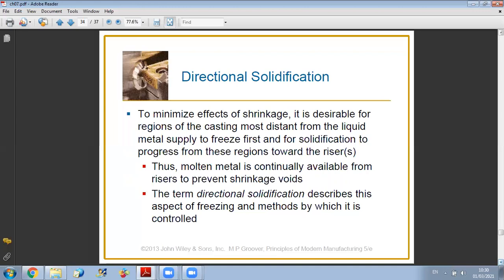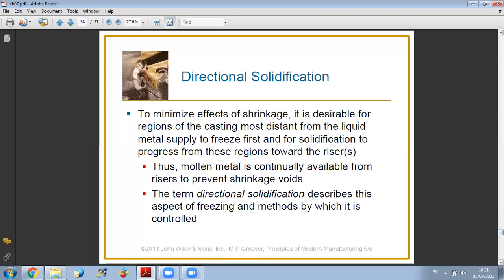To minimize effects of shrinkage, it is desirable for regions of the casting most distant from the liquid metal supply, which is the riser, to freeze first and for solidification to progress from these regions towards the risers. Thus, molten metal is continually available from risers to prevent shrinkage voids, and the term directional solidification describes this aspect of freezing and the methods by which it is controlled.